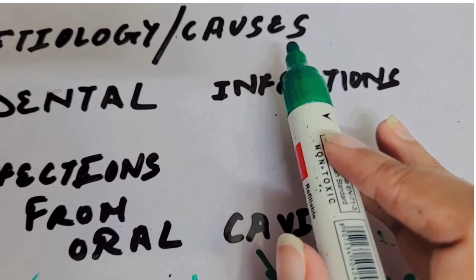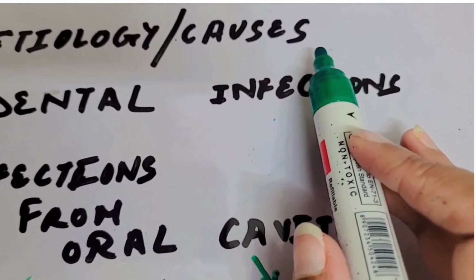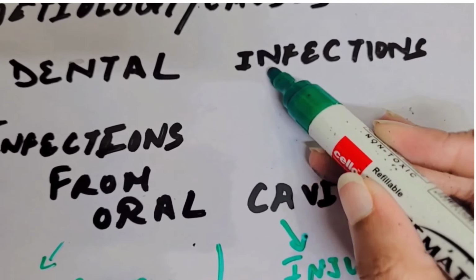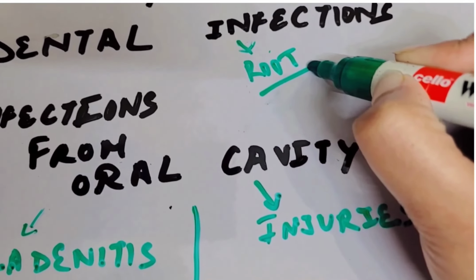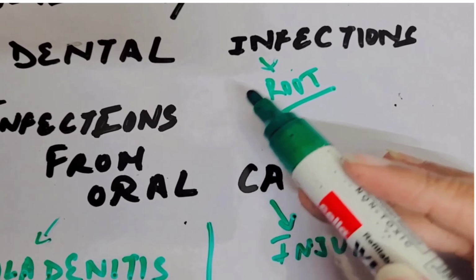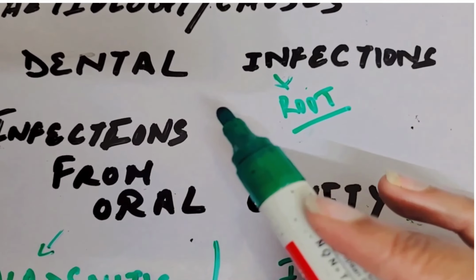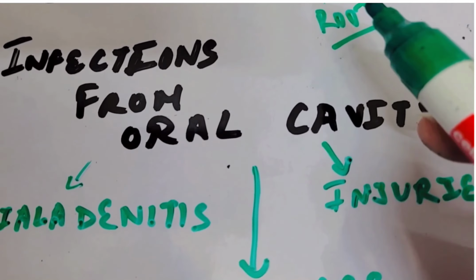So what are the causes of Ludwig's angina? Infections from the root of a molar or premolar tooth can spread to the submandibular space and cause Ludwig's angina.